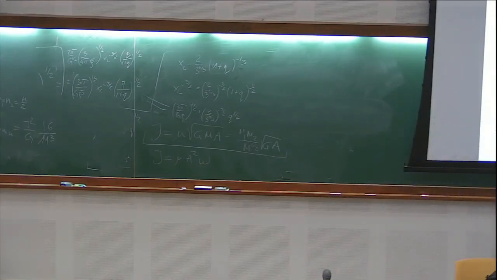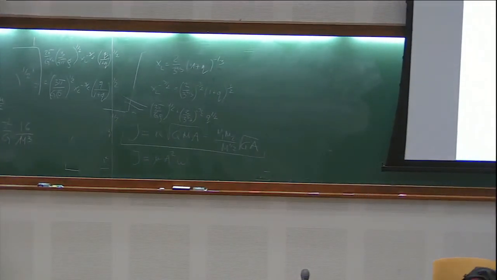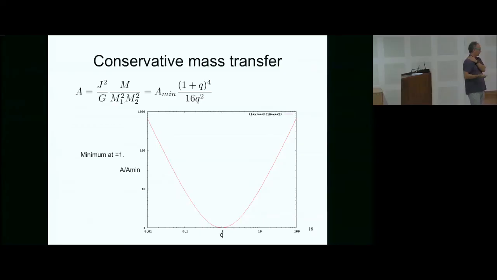So this is shown here. This is my nice graph of this formula for the A as a function of Q, and you can see that for Q close to unity, if Q is between say 0.3 and 3, the changes of the orbits are quite slow, but once you go to much higher Qs or much lower Qs, the response of the orbits to the mass transfer, to changes of the mass ratio, is quite strong, quite rapid.